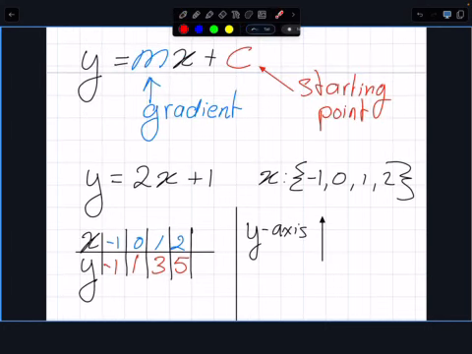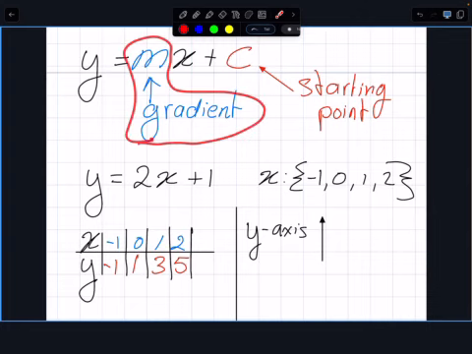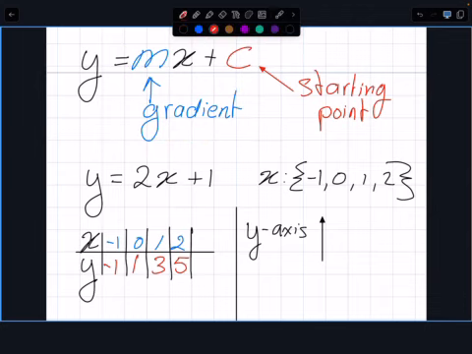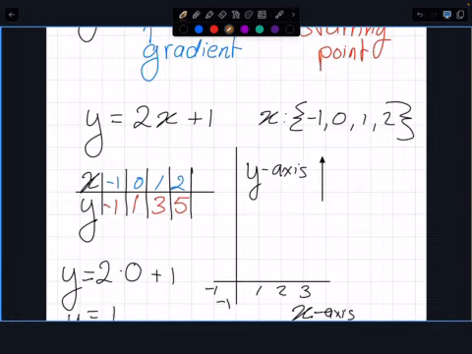In the standard formula, which I gave you, M stands for the gradient. Now, what is the gradient? The gradient is the number by which the y value increases or decreases, because you can have a negative gradient, an increase or decrease with the same amount.